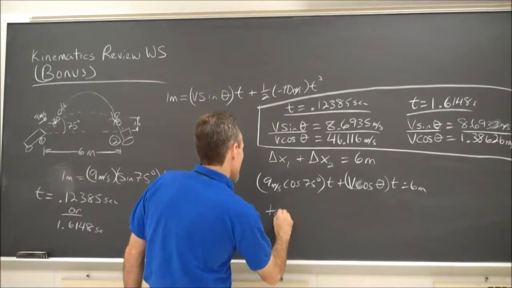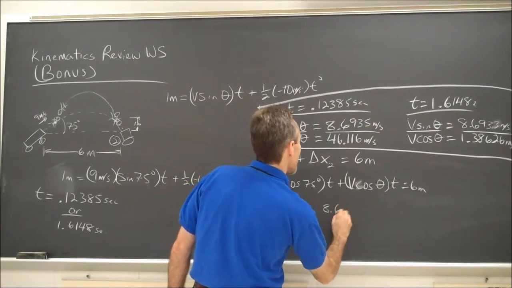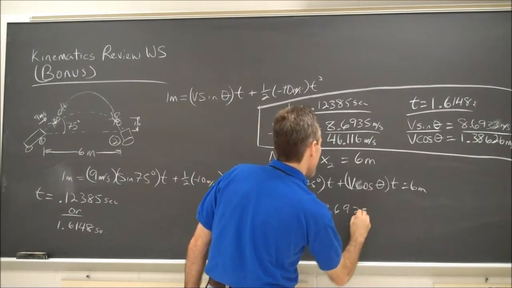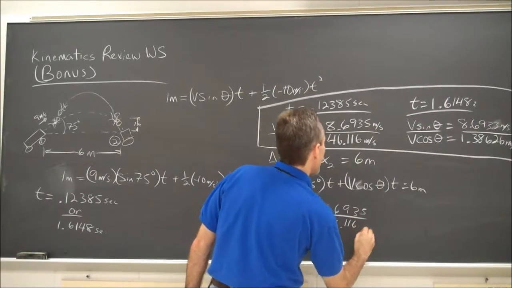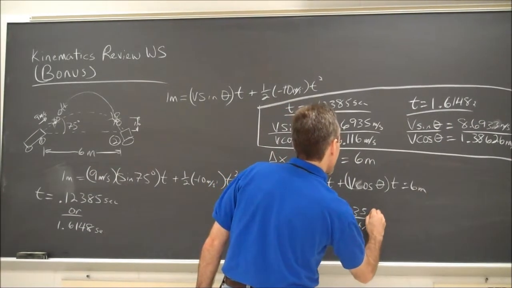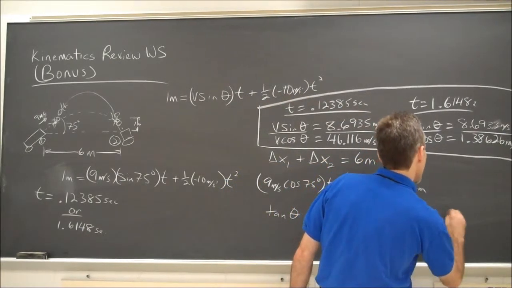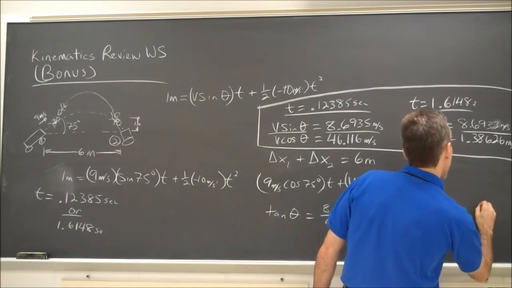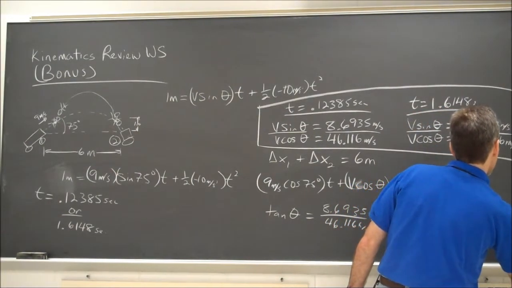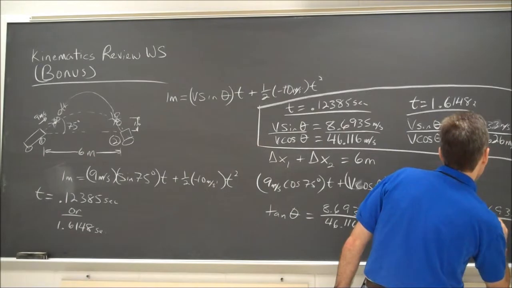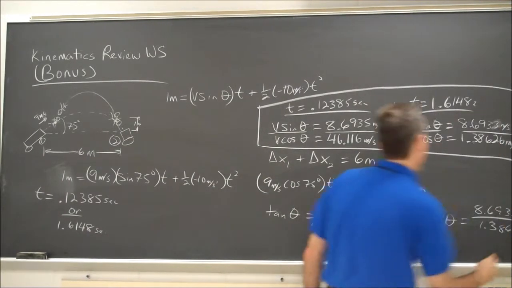So tangent of theta will be equal to 8.6935 divided by 46.116 meters per second. Or tangent of theta is equal to 8.6933 meters per second divided by 1.38626 meters per second. It's one of those two.